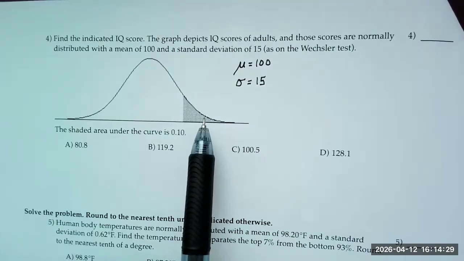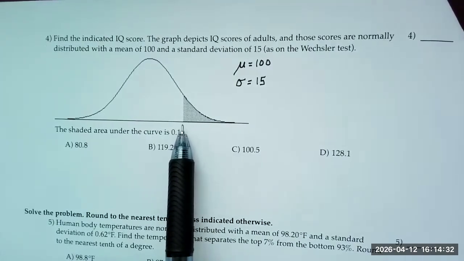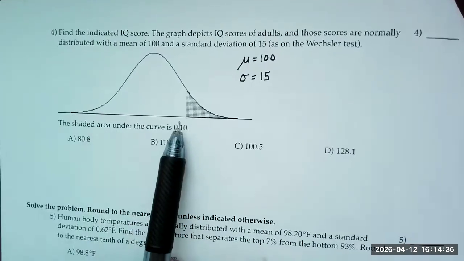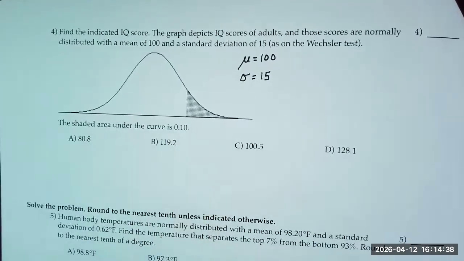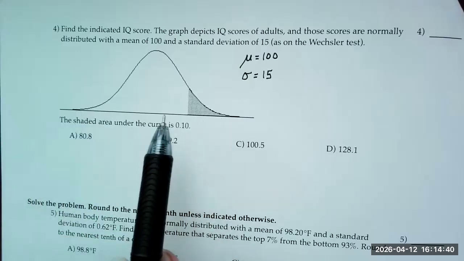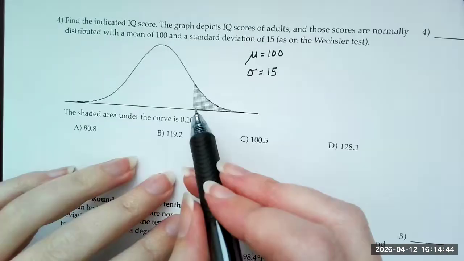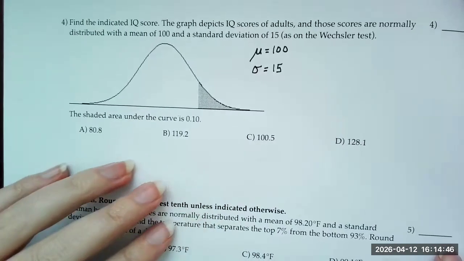And so they're asking us to figure out what IQ score would represent the top 10% of all of the data here. So that would be the same thing as going to figure out your 90th percentile if the top 10% is shaded in.